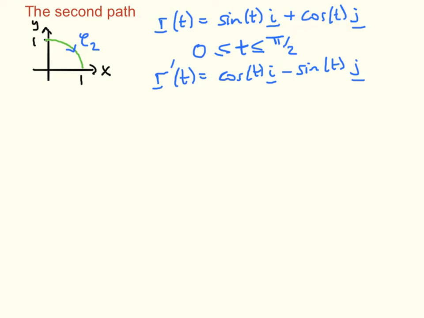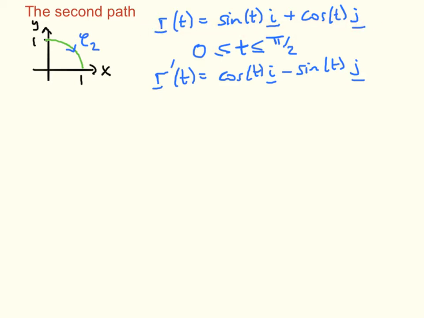Cosine of 0 is 1, sine of 0 would vanish. That starts there. And when t gets to pi over 2, we want the sine of pi over 2, which is 1 here, so that we're here, and the cosine of pi over 2 is 0, so we are indeed at this point. So this is our parameterization, and t goes from 0 to pi over 2.